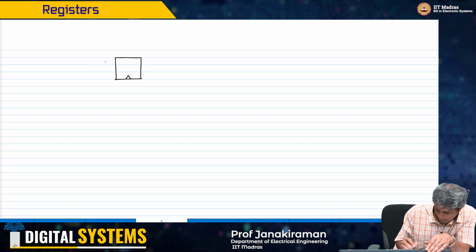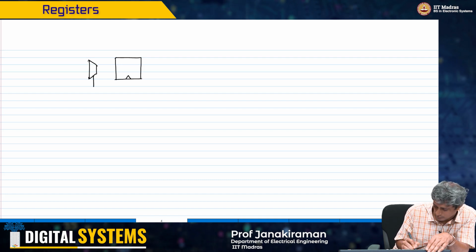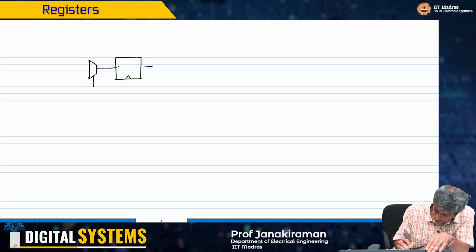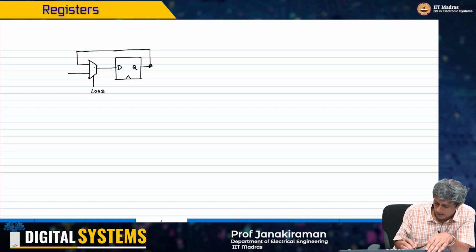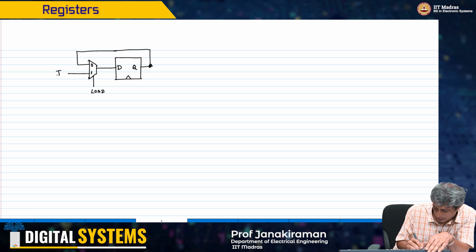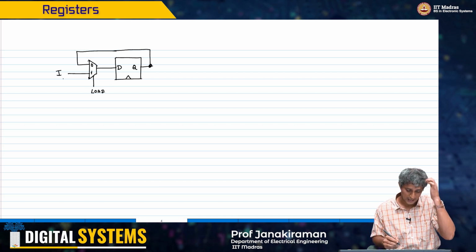This is my flop. I will just put a multiplexer here, okay. D, Q, zero and 1, and this is my parallel input I, okay.